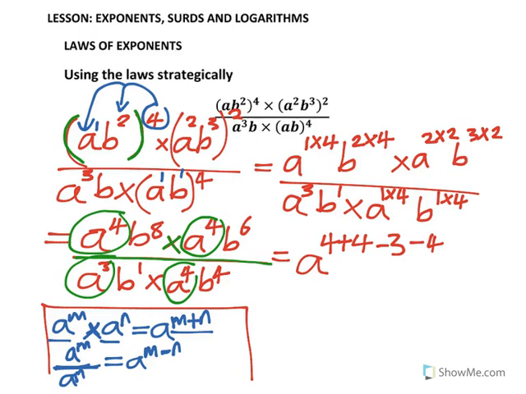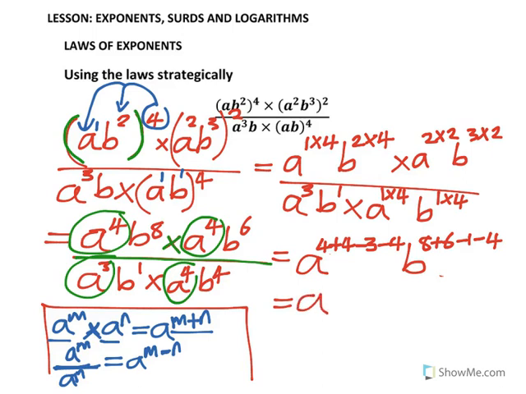After that, I'll write b. Let me try to make my writing smaller because I need to fit everything. I said a to the power 4 plus 4 minus 3 minus 4. For b, you do the same: 8 plus 6 minus 1 minus 4.